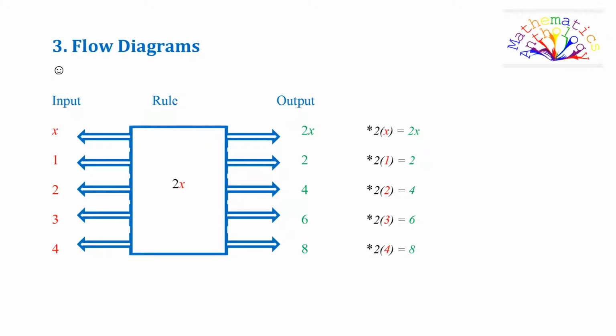We can go on now to flow diagrams in algebra. When you're working with flow diagrams, you usually have an input, a rule, and an output. Now the input values represented by the variable given will tie in with the rule that's given here. So if our variable is x and our rule is 2x, our output is 2x.